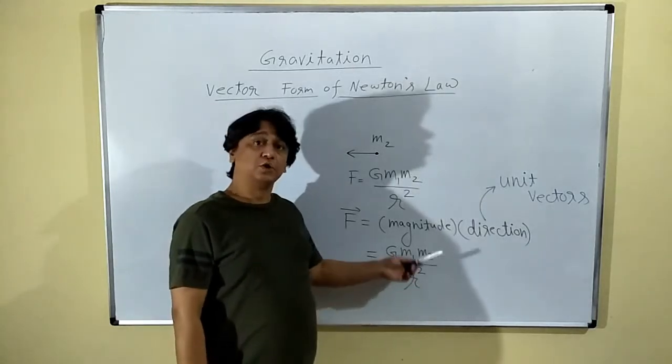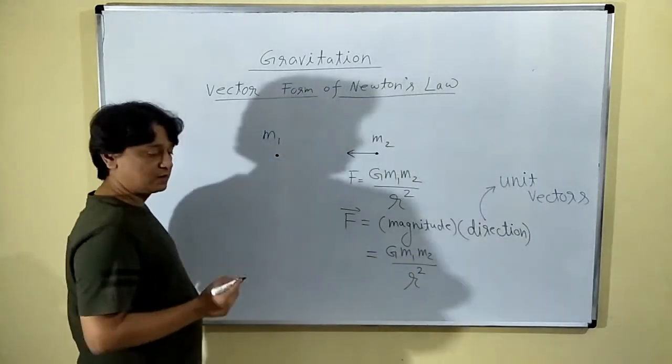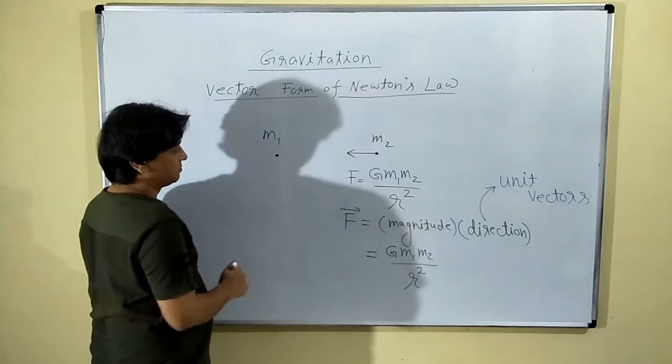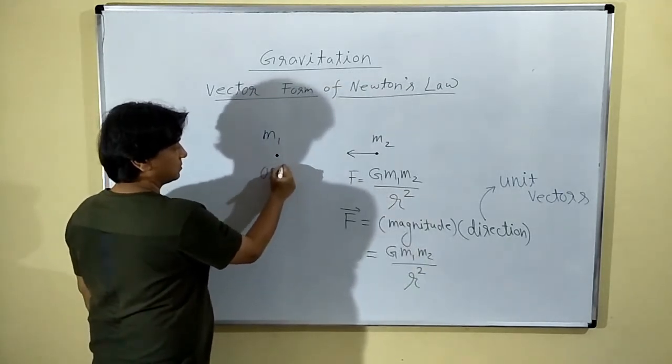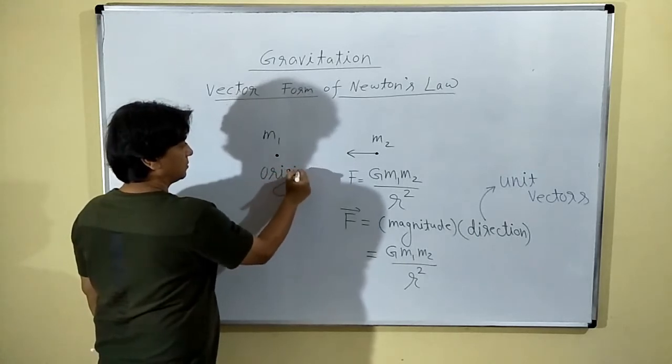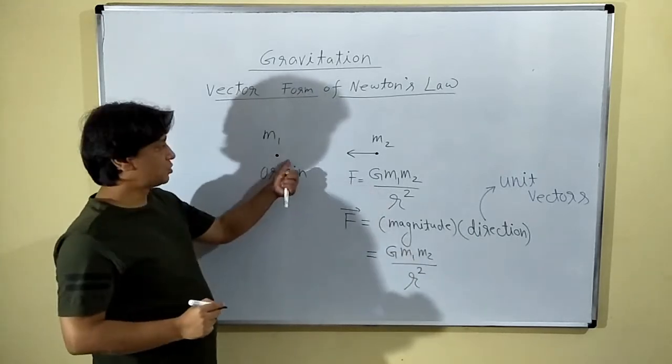What is the unit vector? For that, this m1. Let's say this position is origin. This is origin.